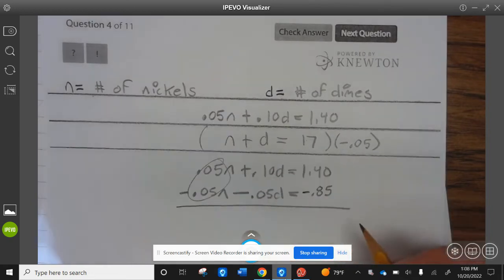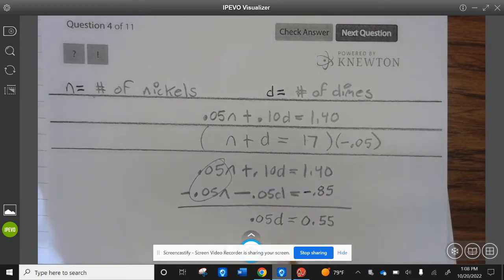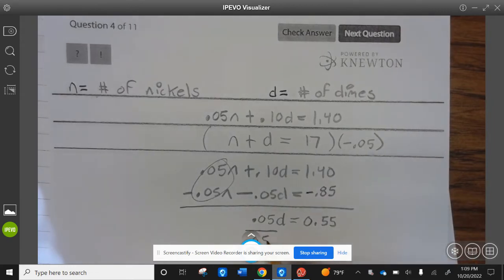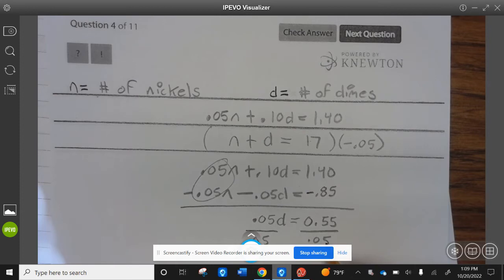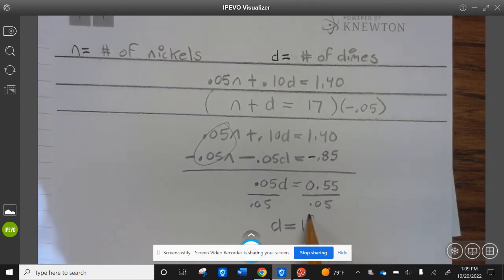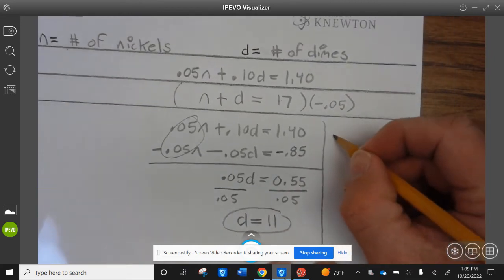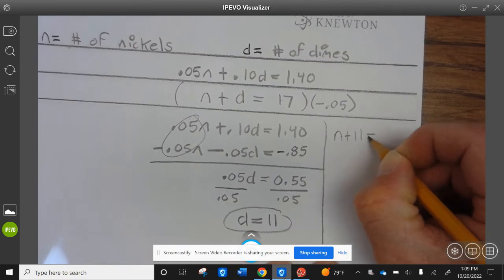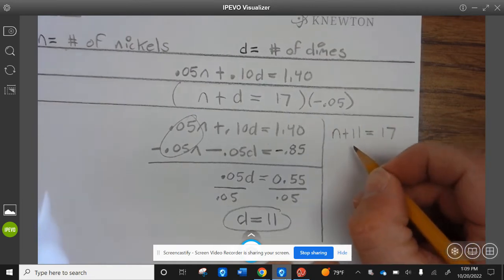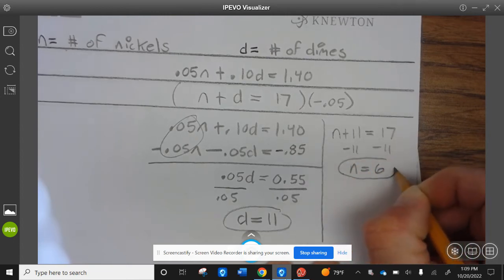This becomes 0. You get 0.05 D equals 0.55. Divide both sides by 0.05. D equals 11. Then we plug in 11 for D, so that's N plus 11 equals 17. Subtract 11 from both sides, N equals 6.